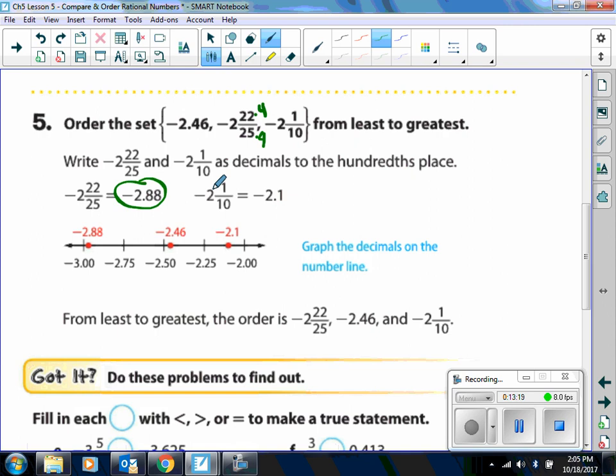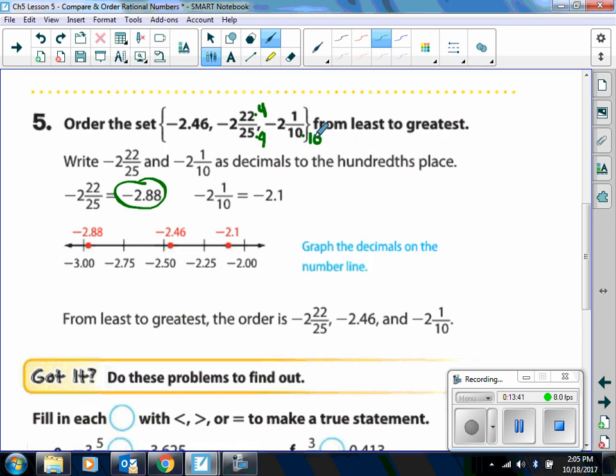Okay? I'll do another one. Here I want the denominator to be 100. Is everybody with me? So this right now, it's a 10. How do I make 10 to 100? Multiply it by 10. 10 times 10 is 100, right?